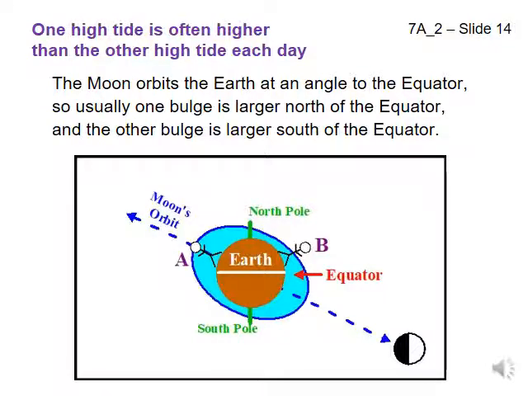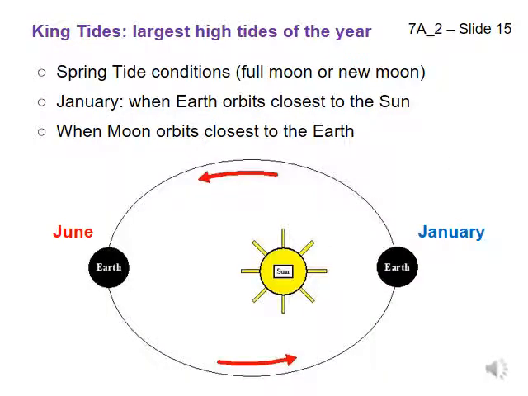Person A is where a tidal bulge is shifted northward and thus is experiencing the larger high tide at the moment shown in the diagram. Person B is experiencing a high tide, since they are on the side of the Earth where there is a tidal bulge. However, much of the bulge is shifted into the southern hemisphere so their high tide is not very high.